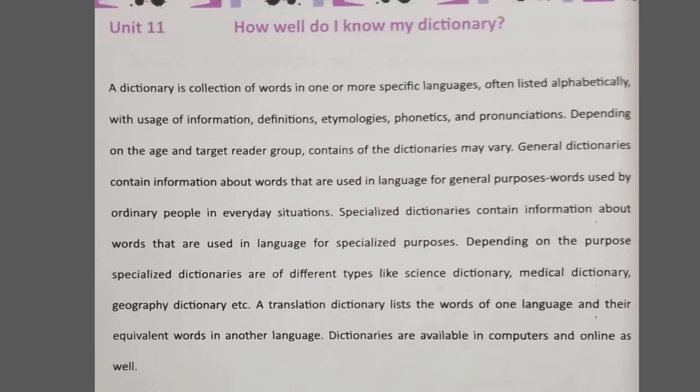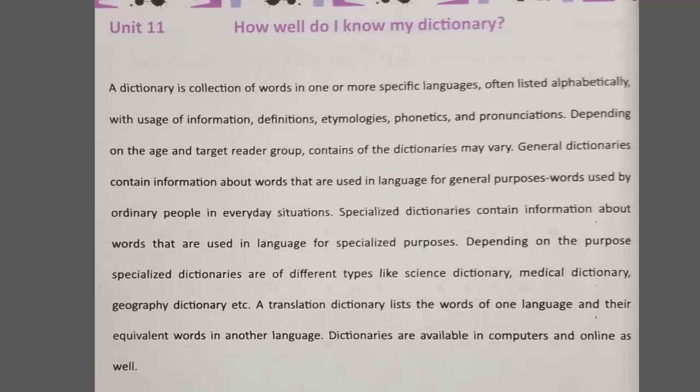So dictionaries vary. Okay, now usually the general dictionary is something that we usually get in every household, right? The ones we have, or in our schools as well, right? The ones we use with the word meanings and all these, right?